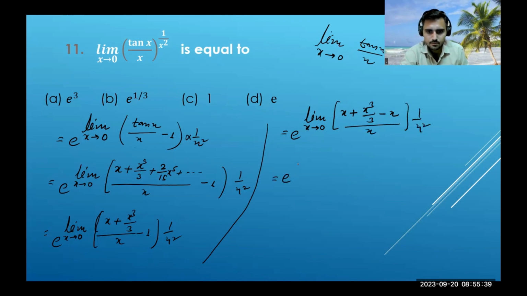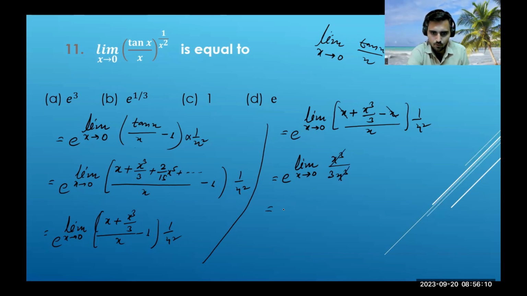So limit, and here x and minus x will be cancelled out, so we'll get x cube upon 3 x square. We have x cube and x square, so this will be cancelled out, and 3 will go to the denominator. Now we'll put the limit, so we'll get 1 upon 3. So this is the answer, e raised to the power 1 upon 3, right?